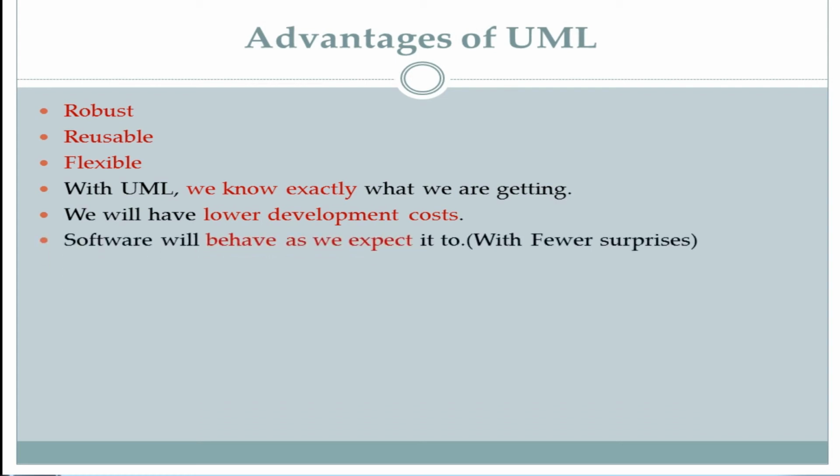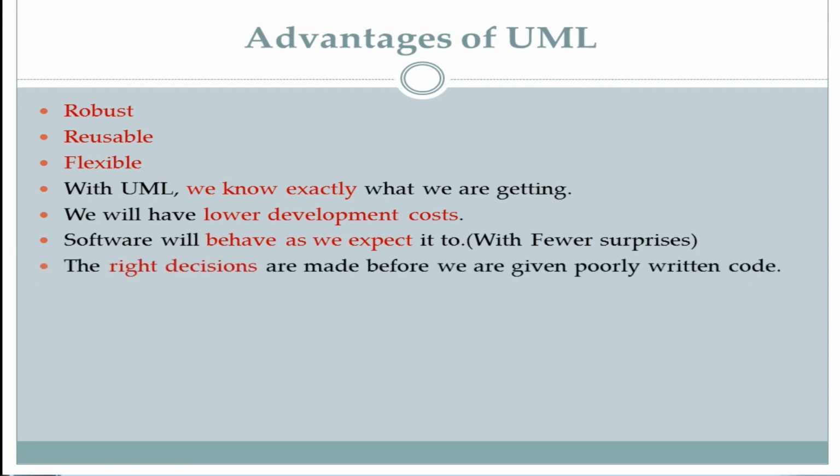Then the software built with UML will behave as we expect from it. Sometimes we see applications with various features that perform differently from what we expect, but software developed with UML will behave as we are expecting, though we can have some surprises with it also. We have to expect that.